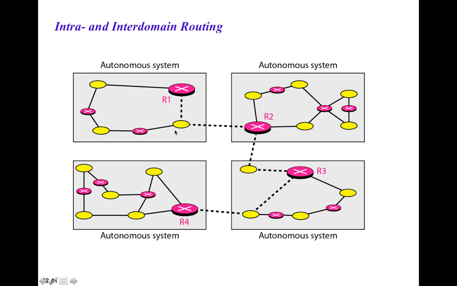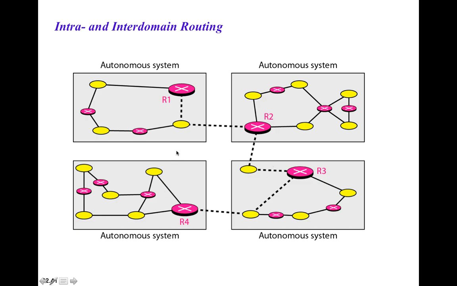So, for example, this router will first exchange information to know about its own autonomous system. So its routing table has been updated. This routing table can now be exchanged with R2 from another autonomous system. So now this router comes to know what's happening here, who's here, and this router comes to know who's here.